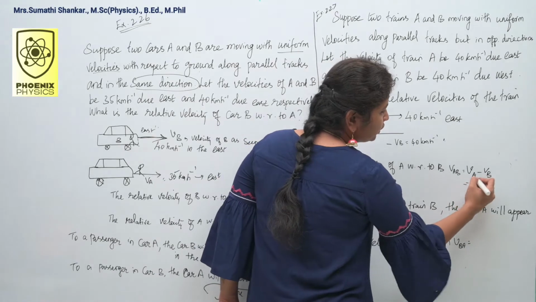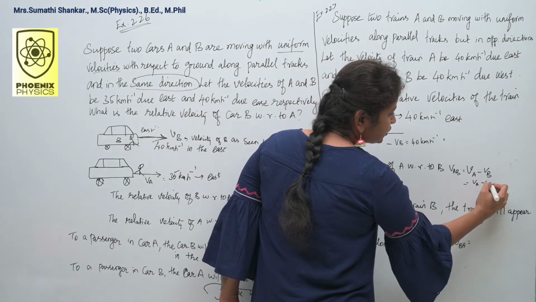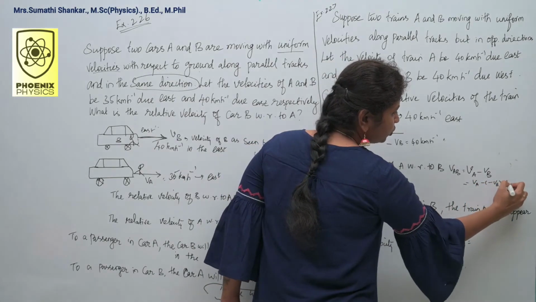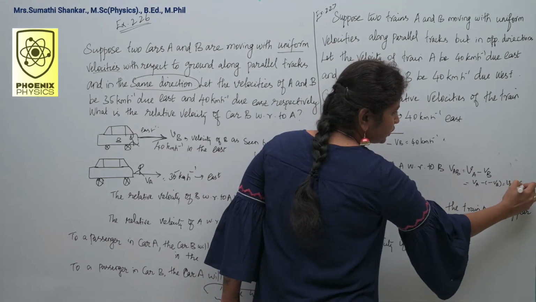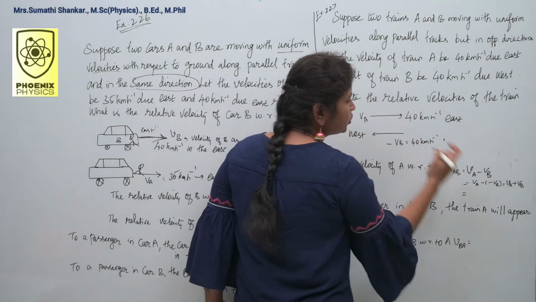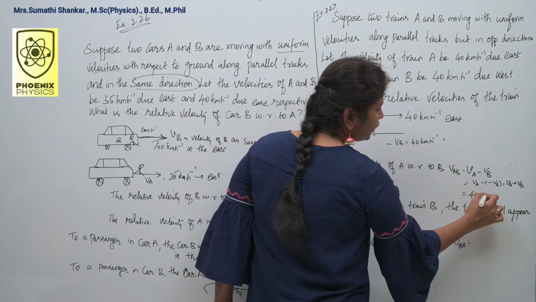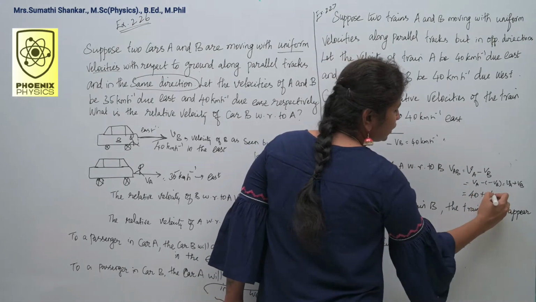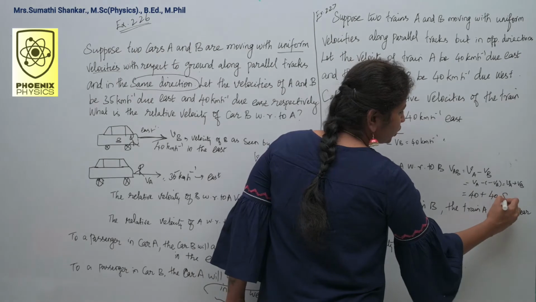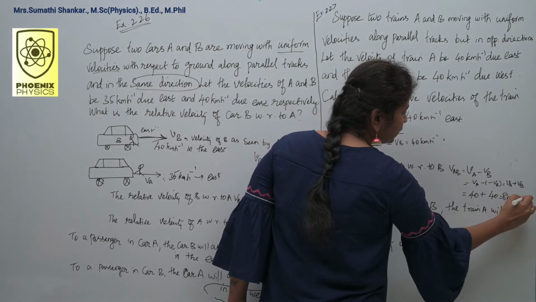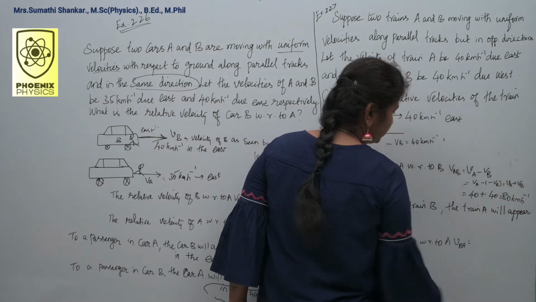Substitute here: VA minus of minus VB, that is equal to VA plus VB. VA is 40 km per hour plus VB 40 km per hour. The total is 80 km per hour, either km per hour or km hour minus 1.